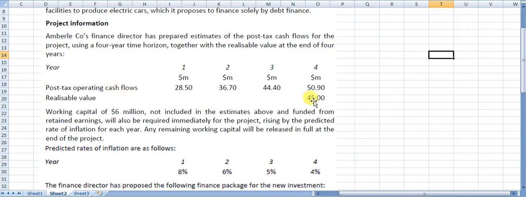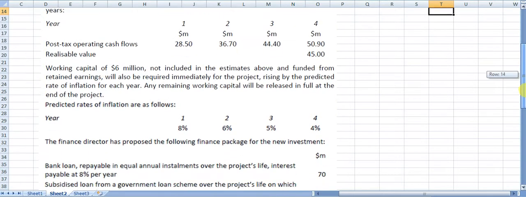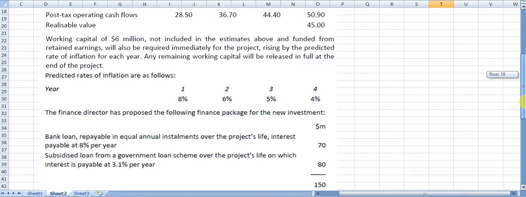Realizable value is also given separately. Working capital of $6 million, not included in the estimates above and funded from retained earnings, will also be required immediately for the project, rising by the predicted rate of inflation for each year. Any remaining working capital will be released in full at the end of the project. Predicted rates of inflation are 8, 6, 5 and 4.